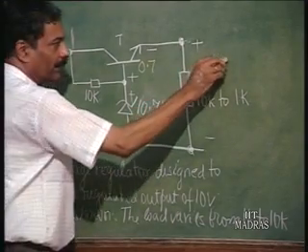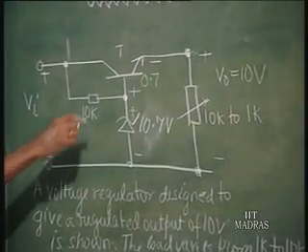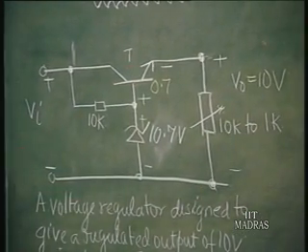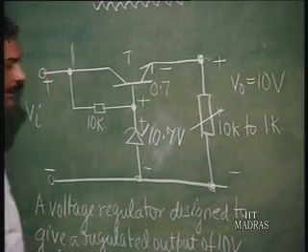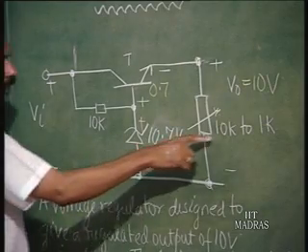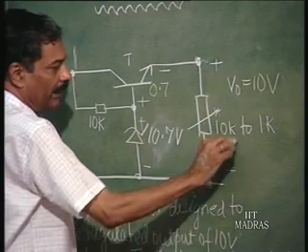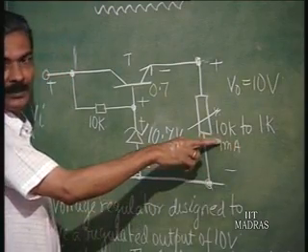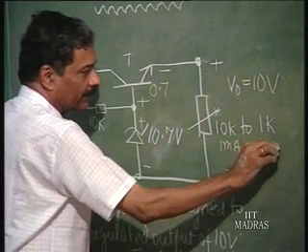So, the output voltage is 10 volts. That means what he has assumed as diode drop is 0.7. Okay. So, V naught is going to be 10 volts. So, as the load changes from 10K to 1K, the current changes from 1 milliampere, corresponding to 10K, to 10 milliamperes.